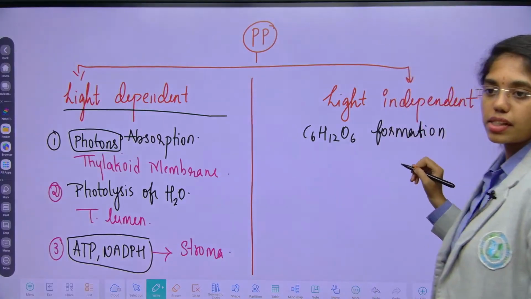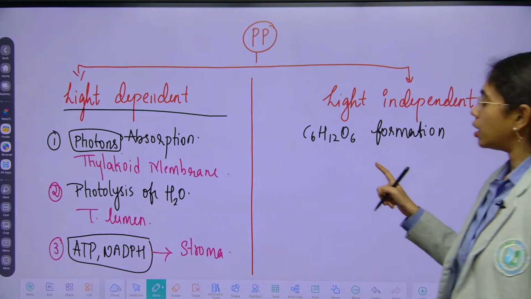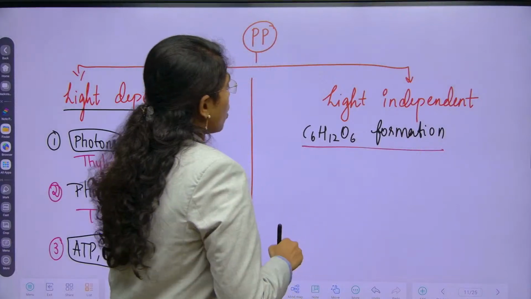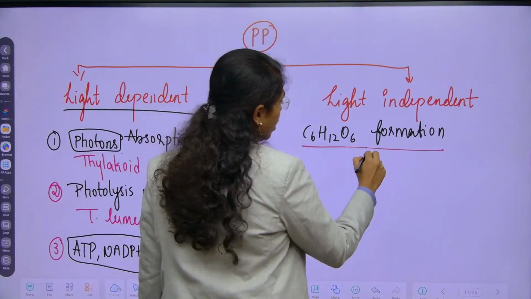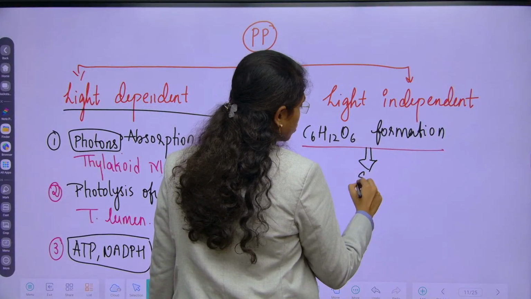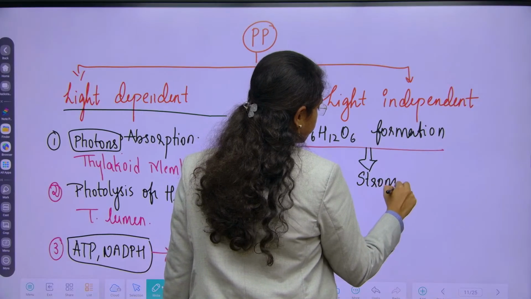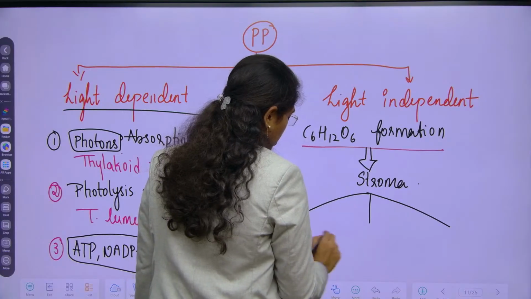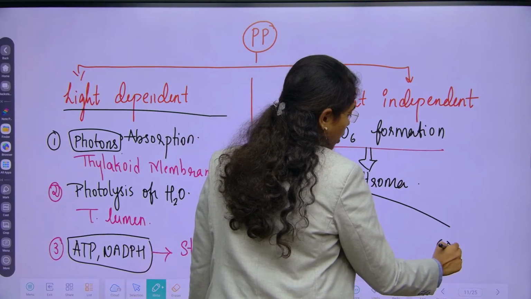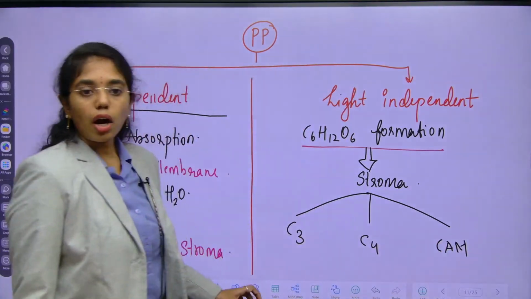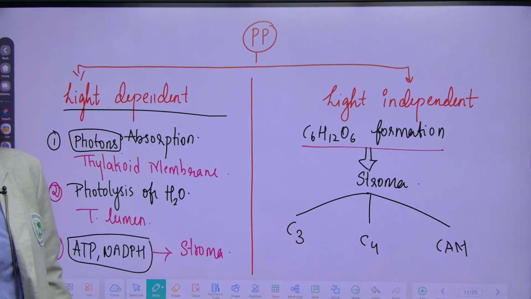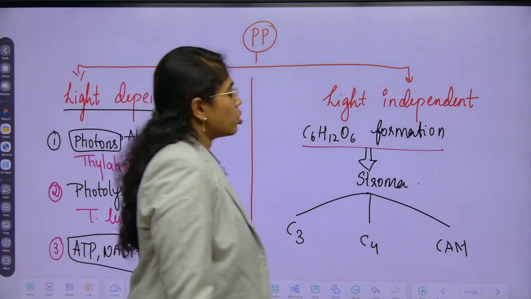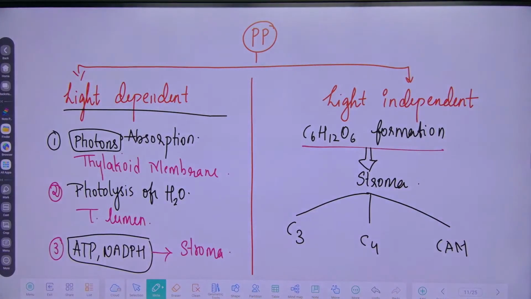So here glucose formation takes place again in the stroma of the chloroplast. This can happen in many cycles. We will be learning C3, C4, CAM in different plants, right? Clear? Yeah. So this is all about chloroplast or plastids.